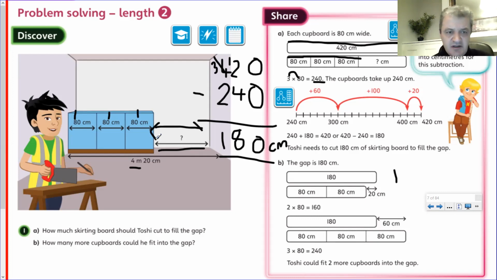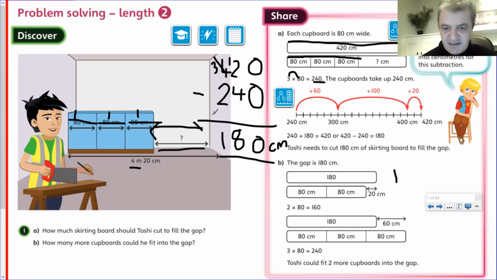Now we know that each cupboard is 80 centimeters. 80, 160, 240. Okay, so that's where we got the gap. The gap that we've got to fill is 180 centimeters. How many of these cupboards could we fit into that? 2 lots of 80 would be 160.